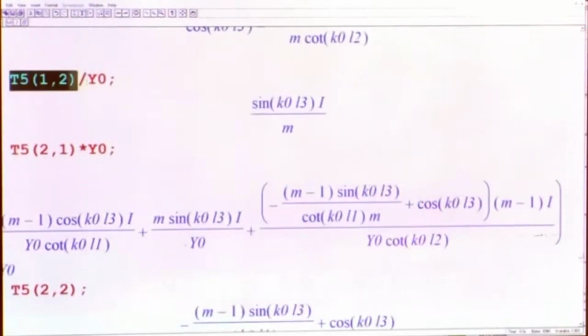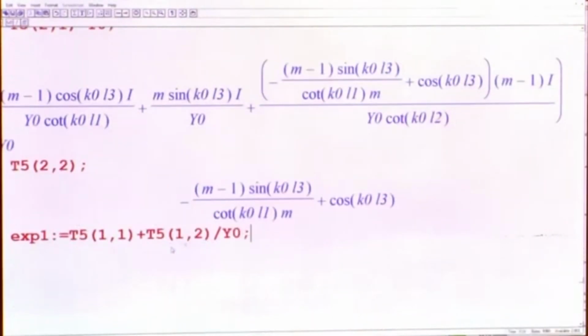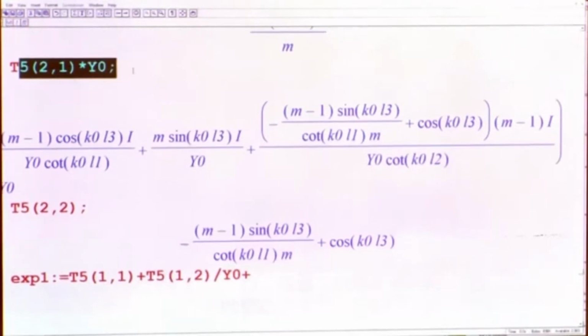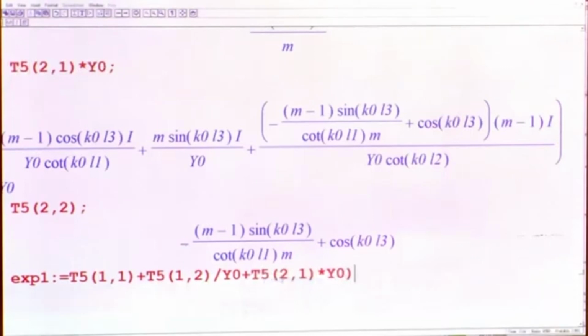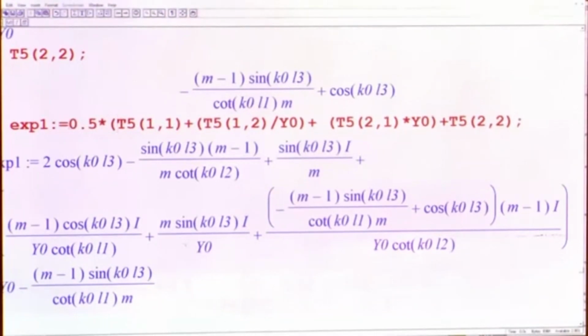and each of these small expressions. So we get this thing, and let us multiply this by 0.5 or half.